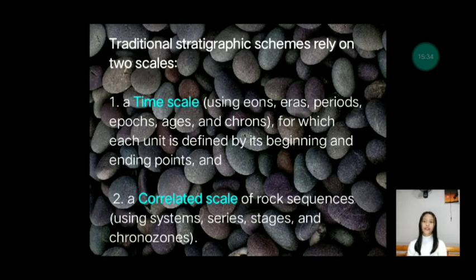Traditional stratigraphic schemes rely on two scales: a time scale using eons, eras, periods, epochs, ages, and chrons, for which each unit is defined by its beginning and ending point, and a correlated scale of rock sequences using systems, series, stages, and chronozones.